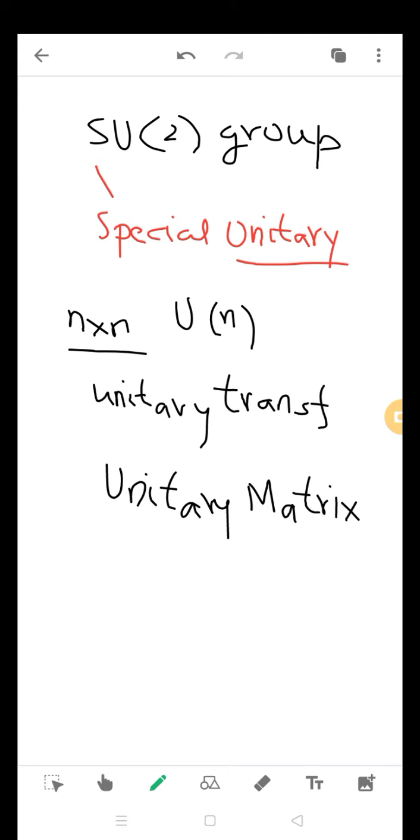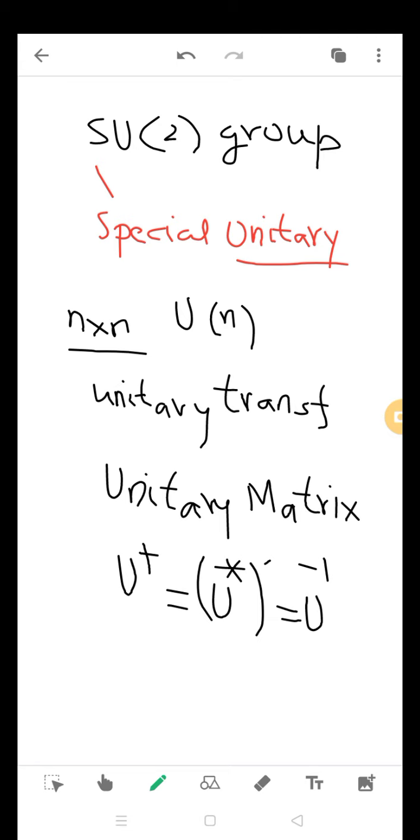A unitary matrix is that matrix whose complex conjugate transpose, that is U star dash, meaning first you do the complex conjugation and then you do the transpose, and this is represented by U dagger, is equal to the inverse of the matrix.